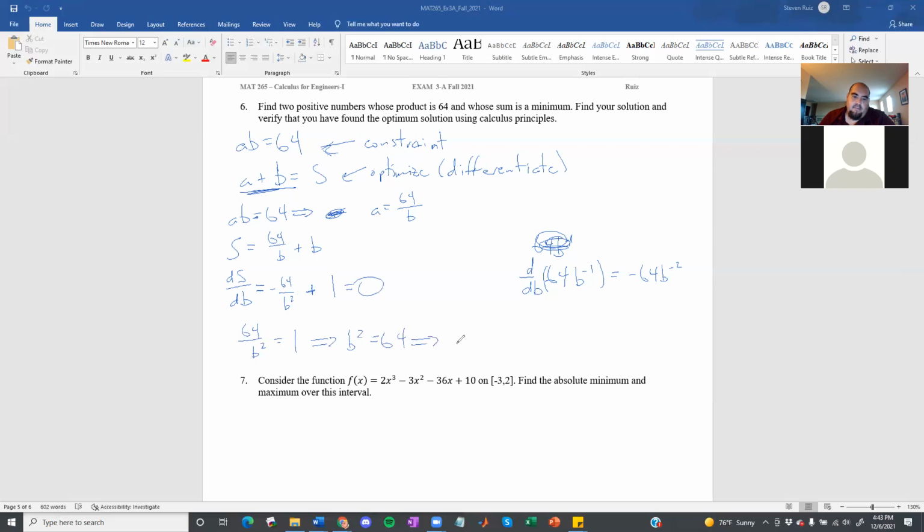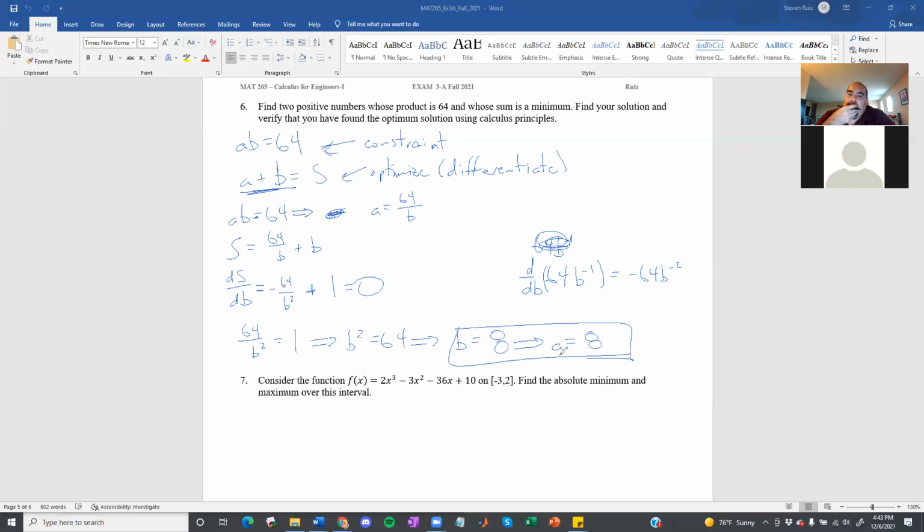Square root both sides, so b equals 8. Couldn't it be positive or negative though? Nope, I told you this was two positive numbers, so I can ignore the negative. So if b equals 8, what does a equal? Then it must be equal to 8 because you can just plug that into the AB equals 64, and that just divides by 8.